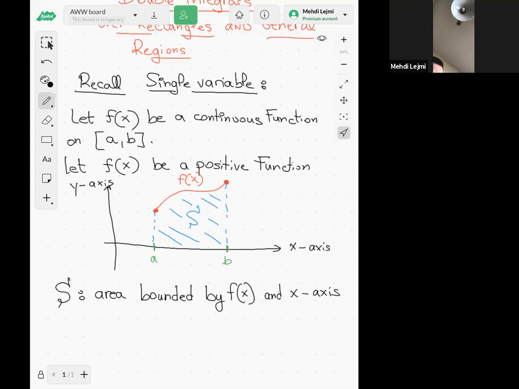And as I said, the goal is to find the area of S.